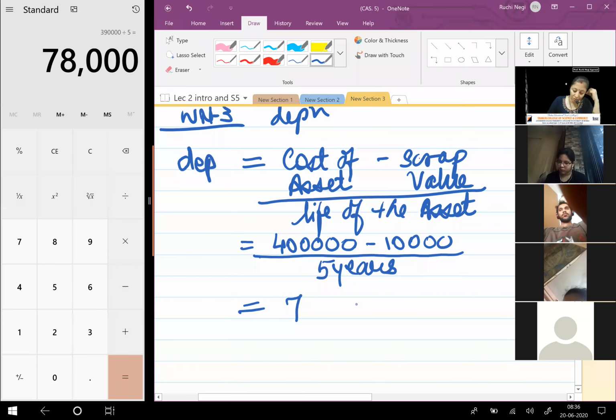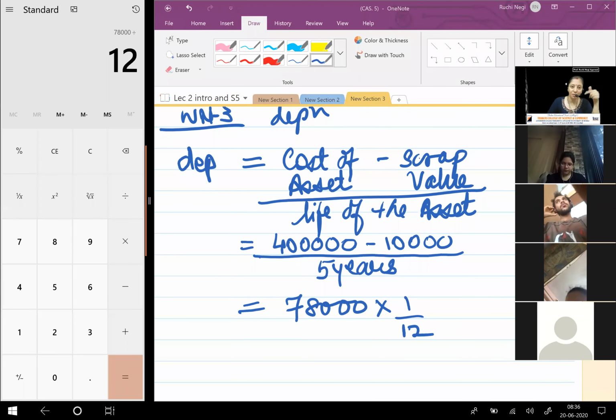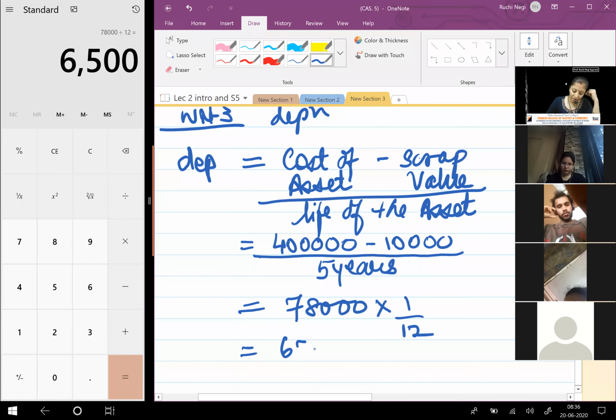And don't forget this is yearly. I'll have to calculate one month's depreciation, because it's a monthly cost sheet. So divide by 12, and my answer is 6,500. Clear, everyone? 6,500.